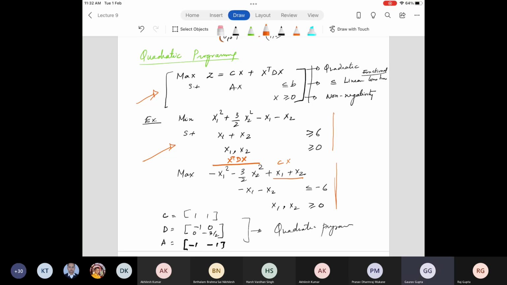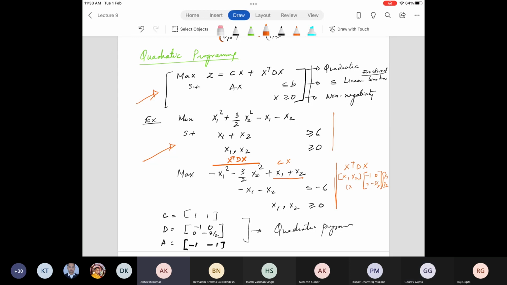Sir, the part D, you write it in the form of matrix, that I did not get. What does X transpose Dx mean? X1, X2, then -1, 0, 0, -3 by 2, and then X1, X2, right? Yes, sir. Got it. So when you are trying to get a square term, it cannot be a vector directly, right?